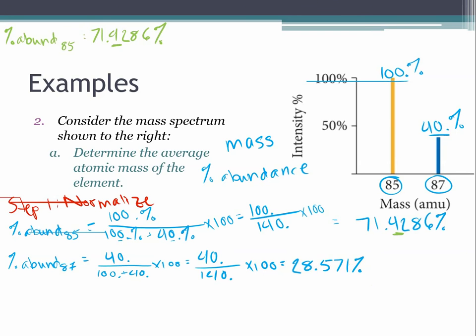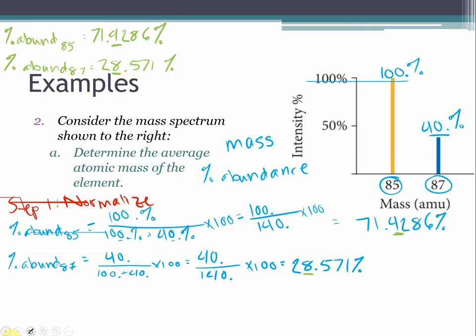And then again, we are not going to actually round this, but if we were going to round it, this time we had 2 sig figs divided by 3 sig figs, so we would round this to the ones place. So our percent abundance of our mass 87 isotope is 28.571% with essentially 2 sig figs.